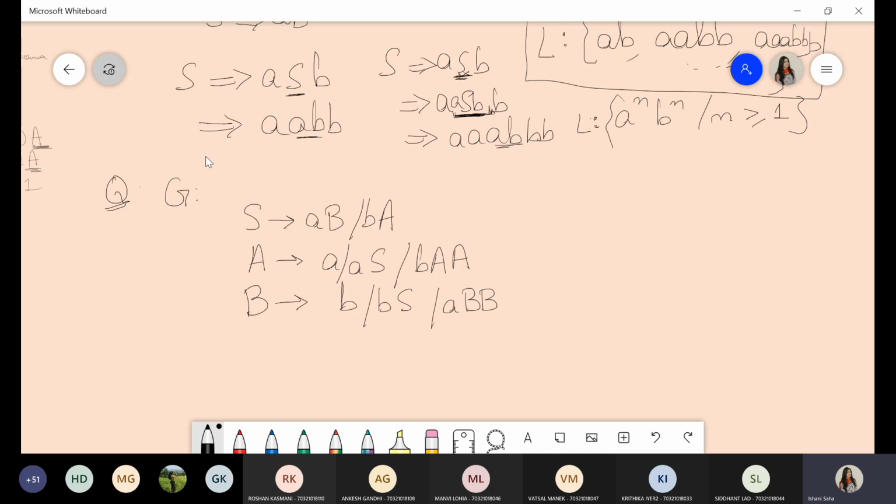Basically, if I write it separately, there are many productions. S tends to AB, and S tends to BA. A tends to a, then A tends to aS, then A tends to BA.